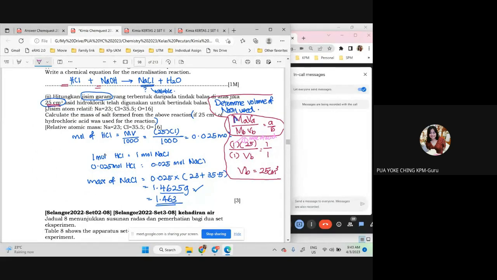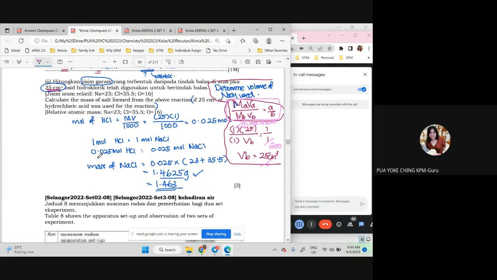Point 2 here, which is ratio. And then point 3 is your final answer. So make sure to show this, so that people know what you are doing. Okay? So this is for calculations of neutralization.